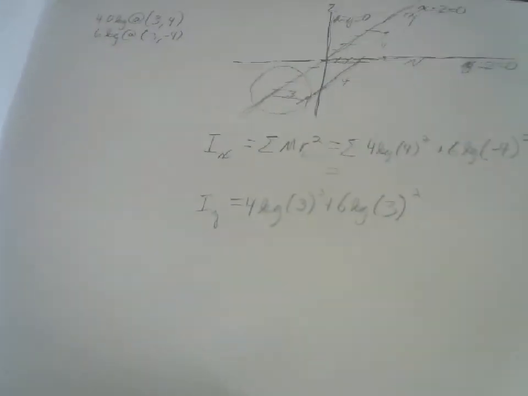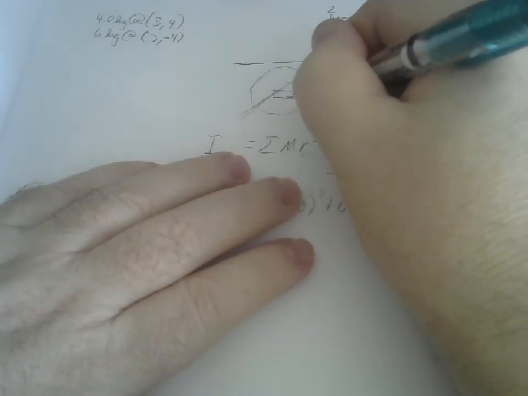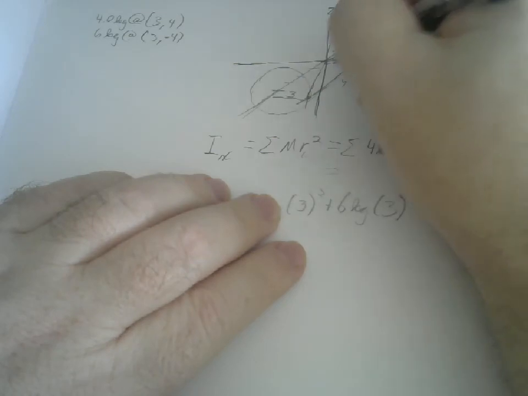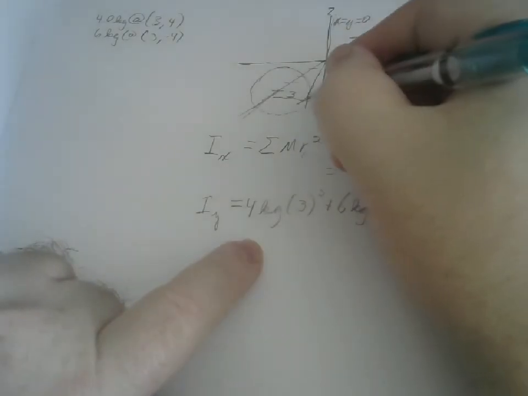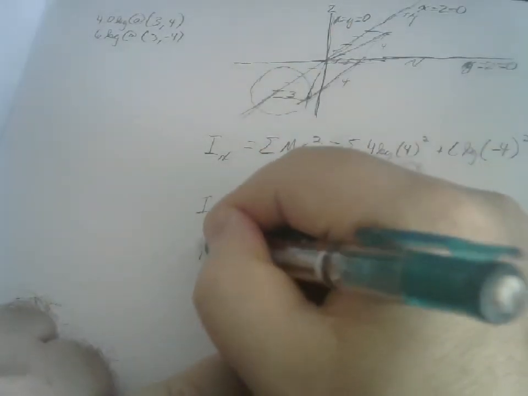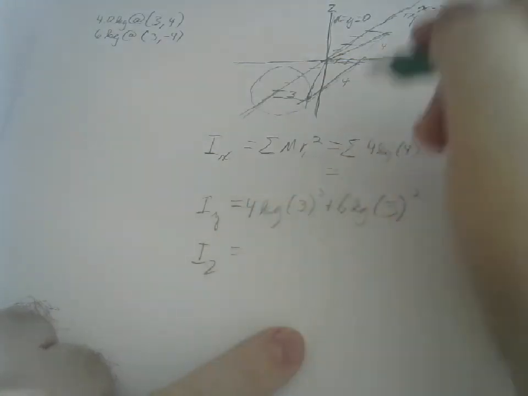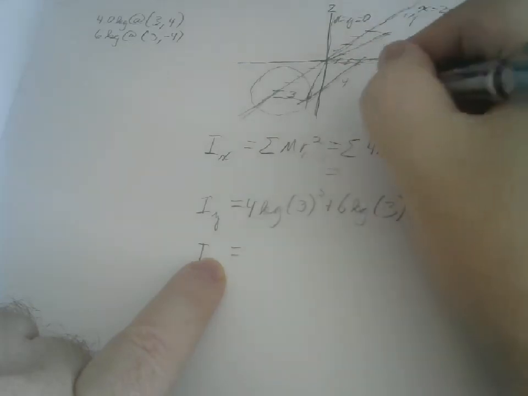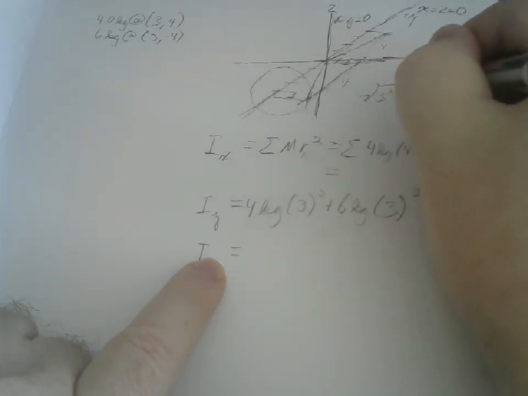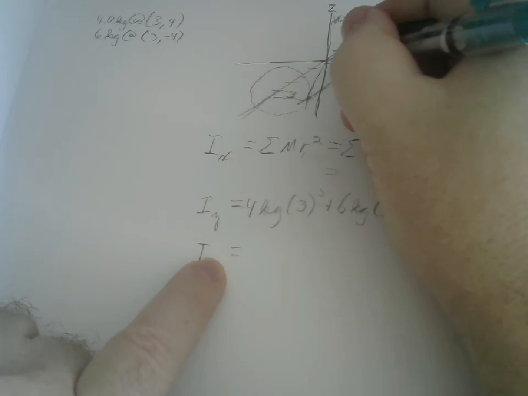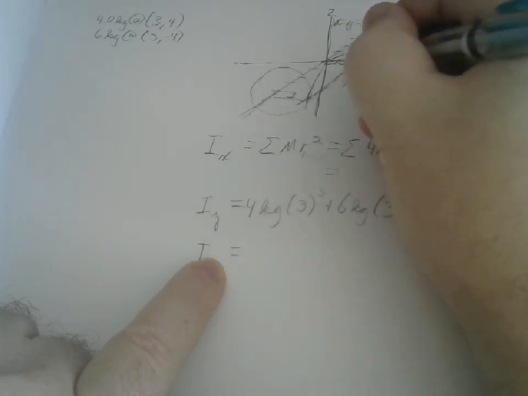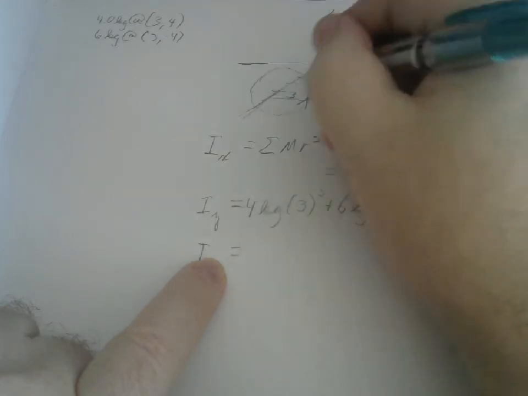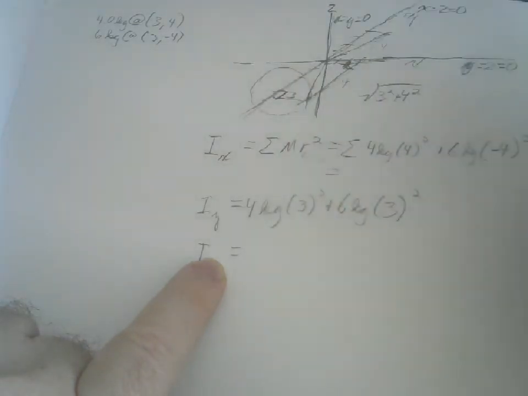Now for I sub z, we need to look at this distance and this distance, and so I'll say I sub z is equal to, and the distance here is the square root of 3 squared plus 4 squared. It's a right triangle over here. There's a right angle.